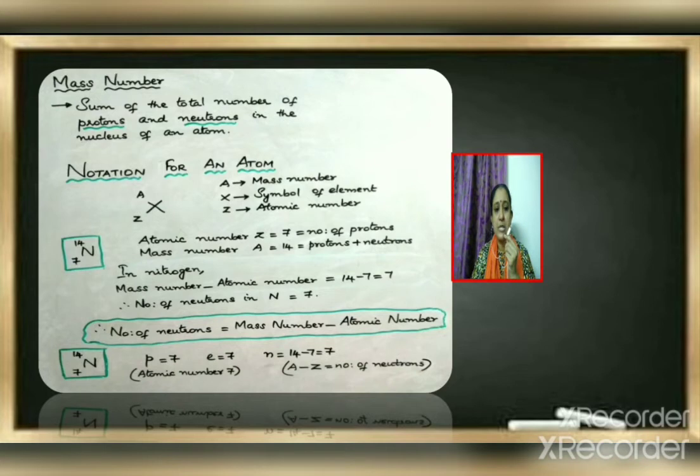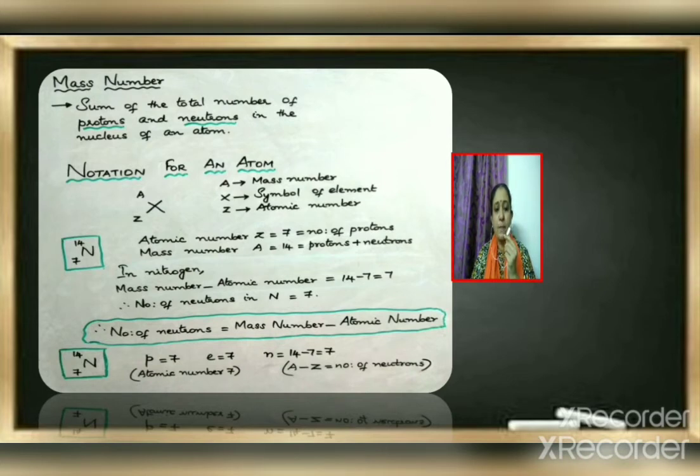And we know that mass number is the sum of the total number of protons and neutrons present in it. So now we know the atomic number as well as mass number. So in the case of nitrogen, what will be mass number minus atomic number equal to? 14 minus 7, which is equal to 7.